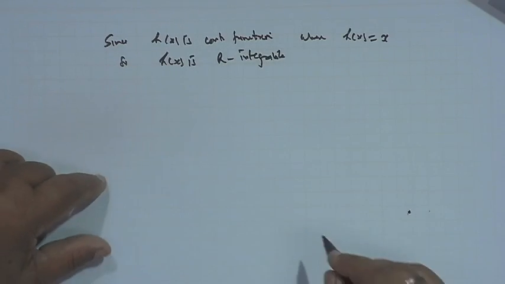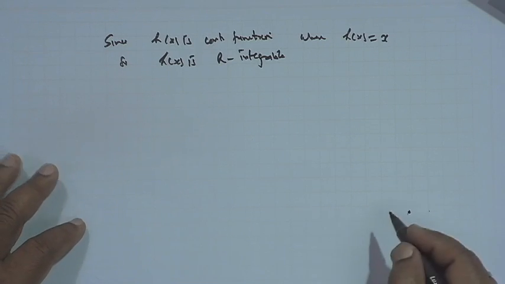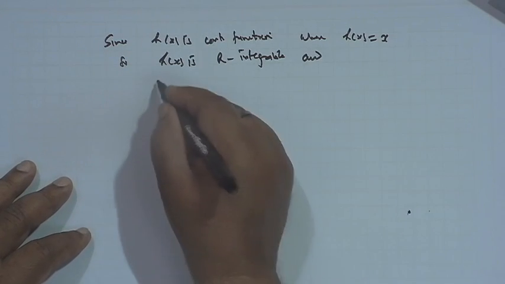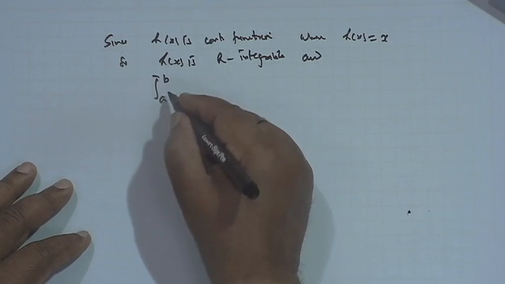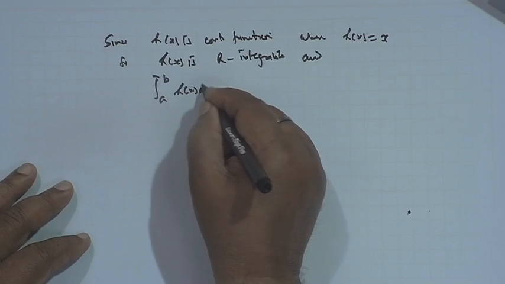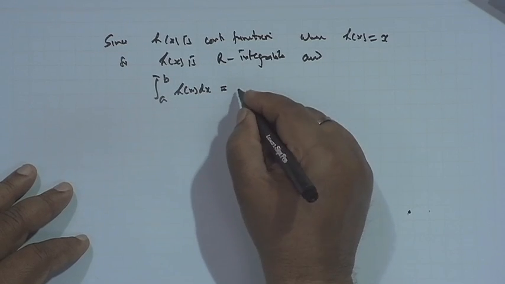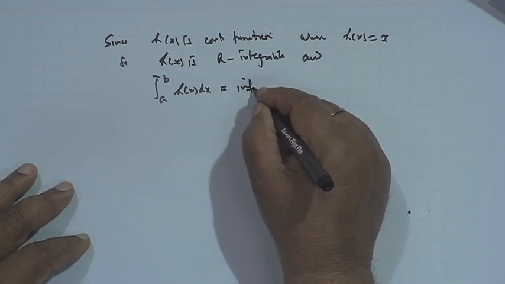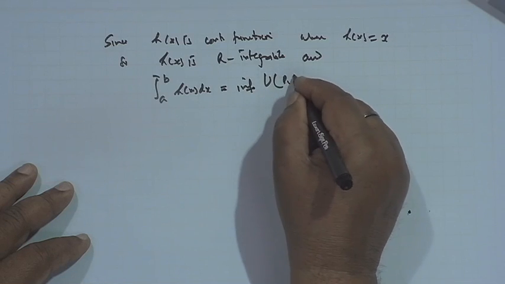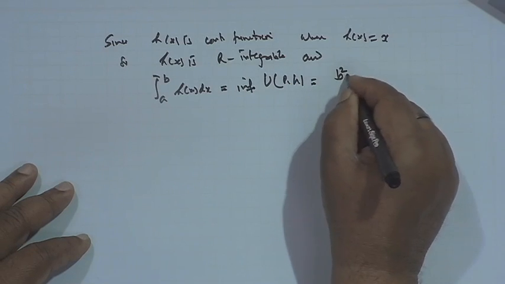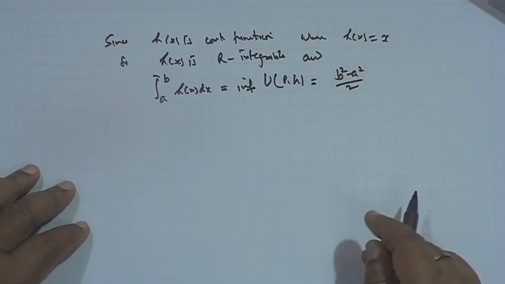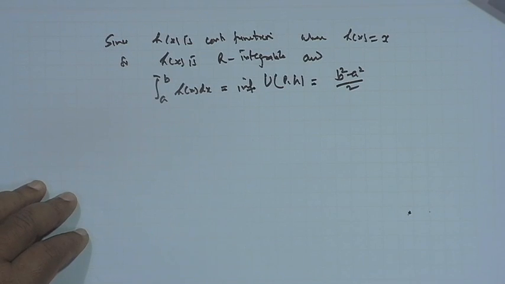Every continuous function over a closed interval is Riemann integrable, and the upper Riemann integral of this h(x) dx is equal to what? The infimum of the upper sum of P, h, and that is equal to b square minus a square. Okay, upper sum. And then for the lower sum also we get this thing.